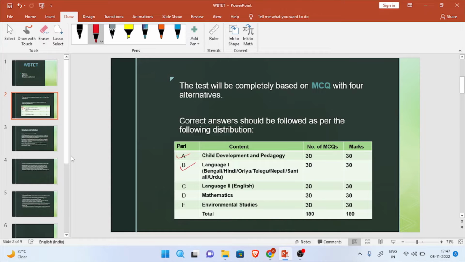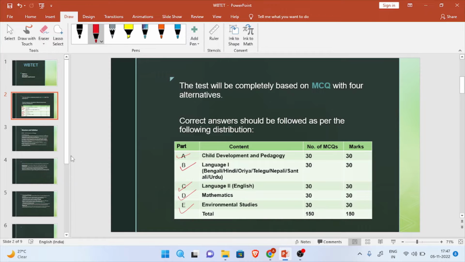Third one is Language 2, which is English. The same number, the same marks and the same question pattern are to be followed. Fourth one is mathematics and fifth one is environmental studies. So in total you will have 150 questions with 150 marks.